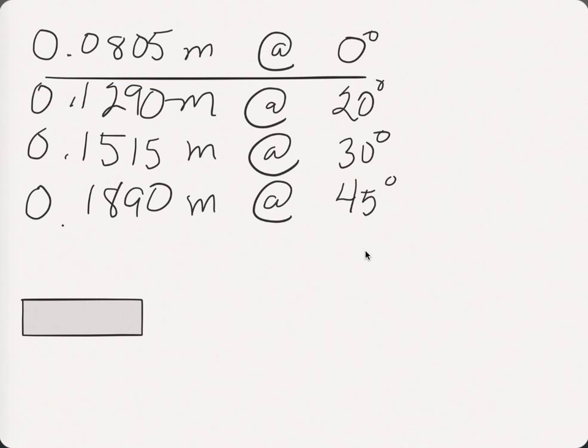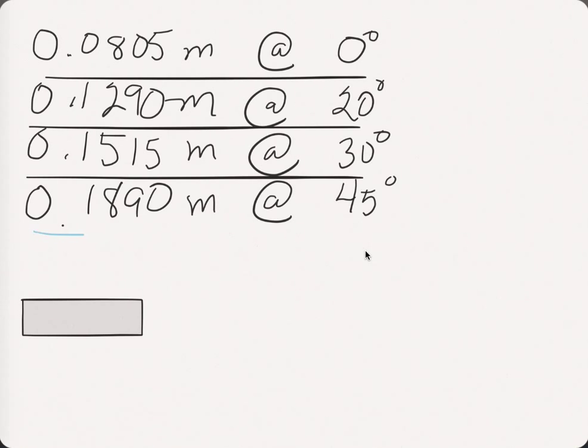We already have 0.0805 meters at 0 degrees, and then at 20 degrees we have 0.1290 meters, and then at 30 degrees we're going to use this value, 0.1515 meters, and then 0.1890 meters at 45 degrees.